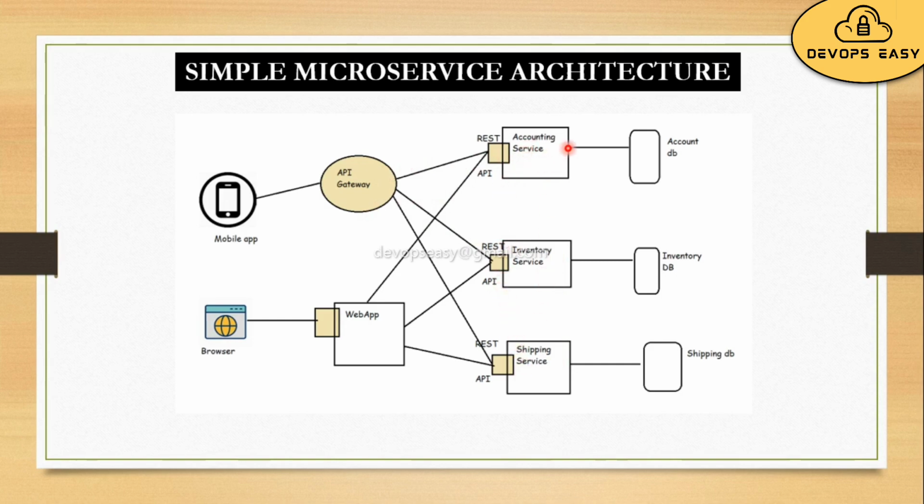So you can develop every microservice using a different programming language. I can develop this using Python, I can develop this using Java. Whenever I request, it will go through the API gateway, and from the API gateway it will go to this REST API. Like this it will happen. You need not understand these things; in further sessions you will get clarity.